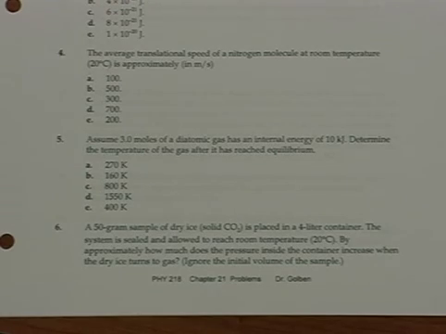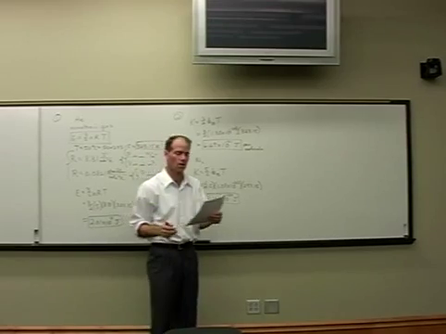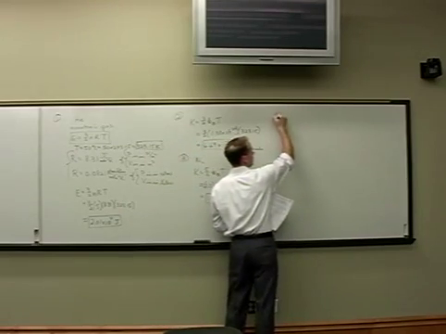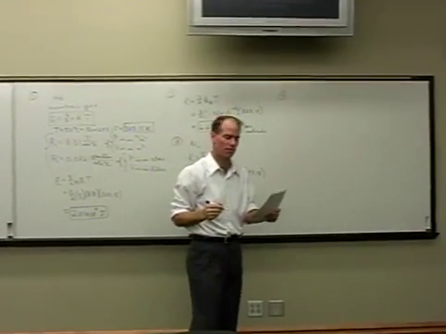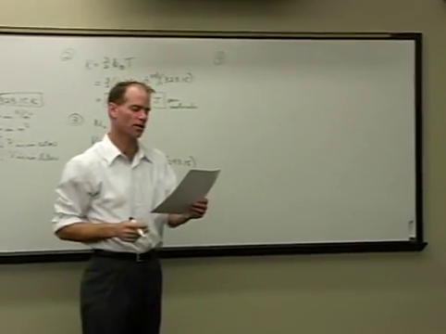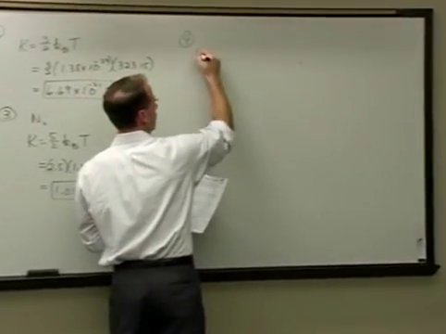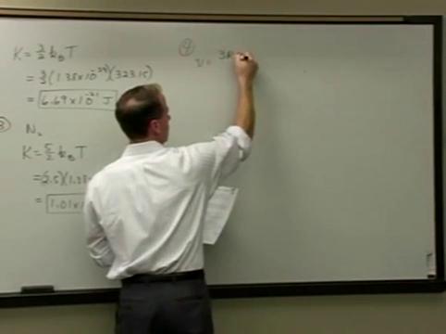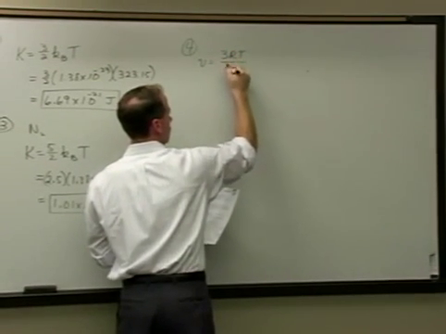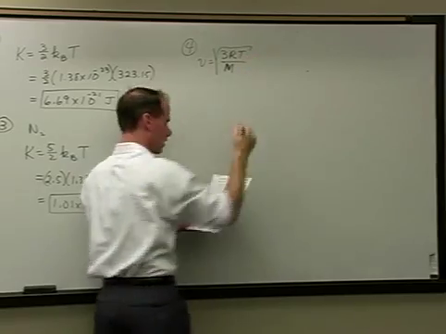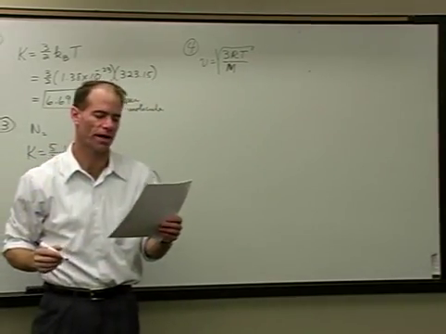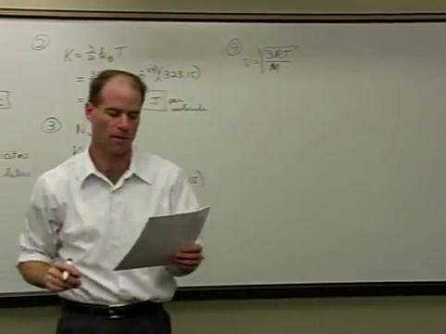Good. Problem number 4. The average translational speed of a nitrogen molecule at room temperature, 20 degrees centigrade, is approximately what, in meters per second? Well, we actually have a formula for the average translational speed, the RMS speed for a molecule, and that's equal to the square root of 3RT over the molecular weight of the molecule.